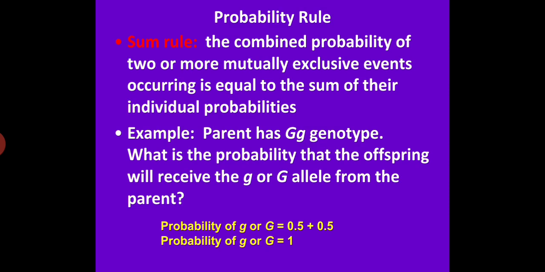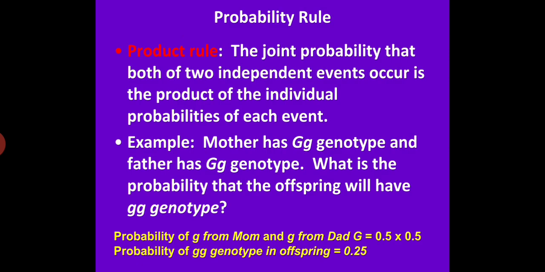What is the probability that an offspring will receive a capital G or small g allele from the parent? The probability of capital G or small g is 0.5 plus 0.5, which equals 1.